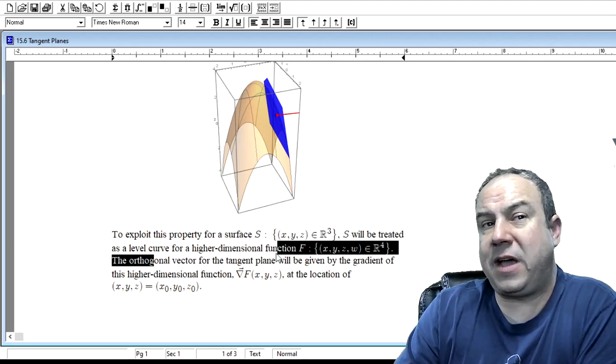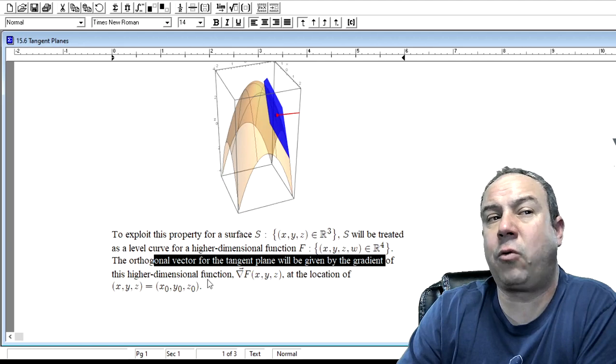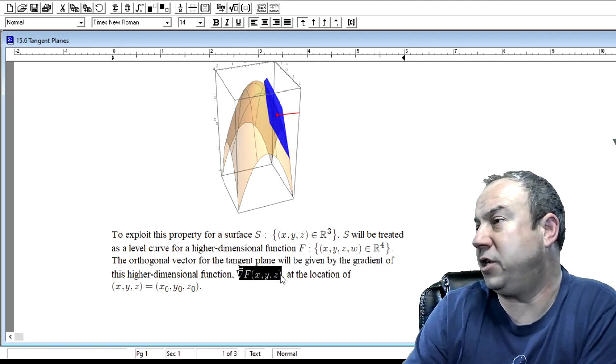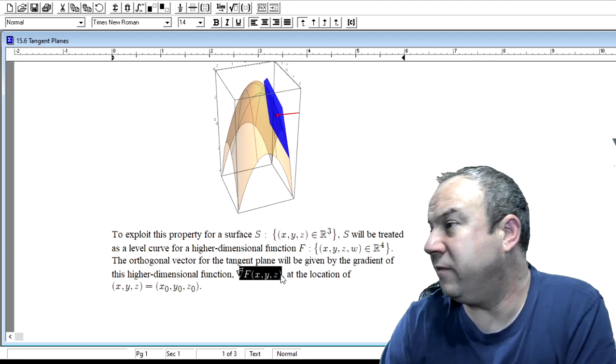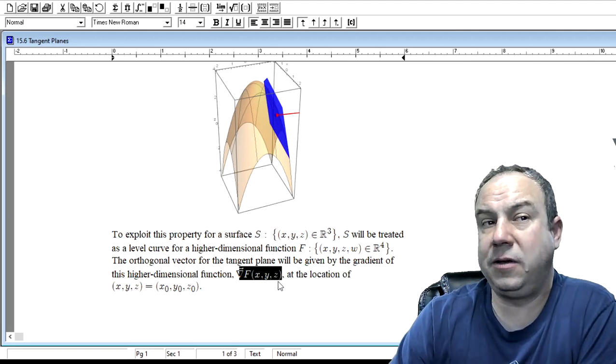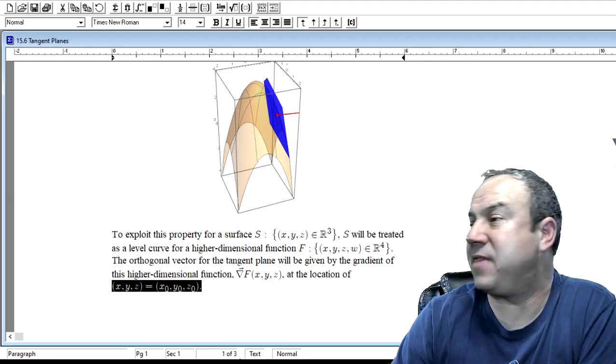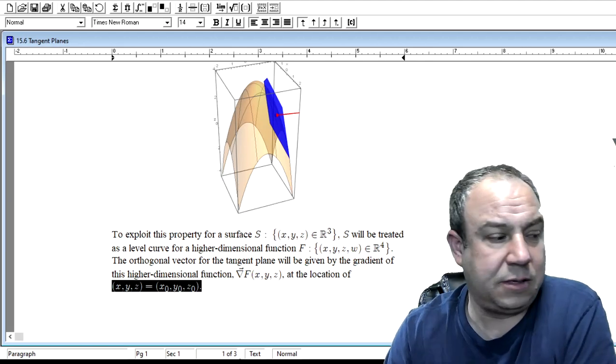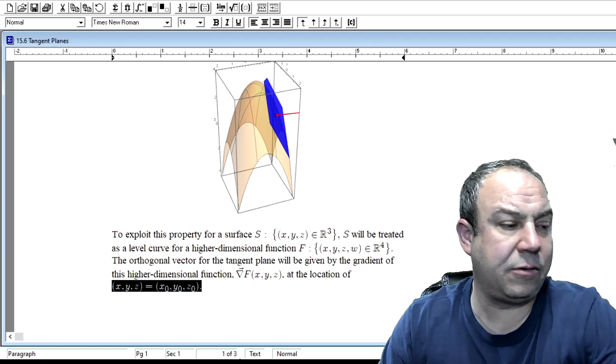The orthogonal vector for the tangent plane will be given by the gradient of this higher dimensional function, the gradient of big F bar, or big F at x, y, z, at that location, x null, y null, z null in value.